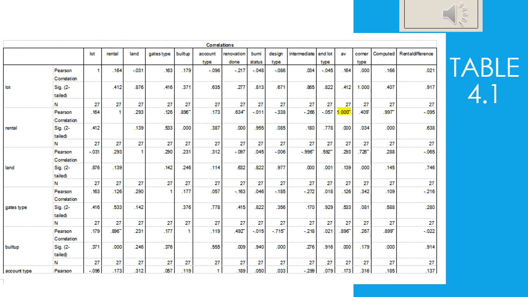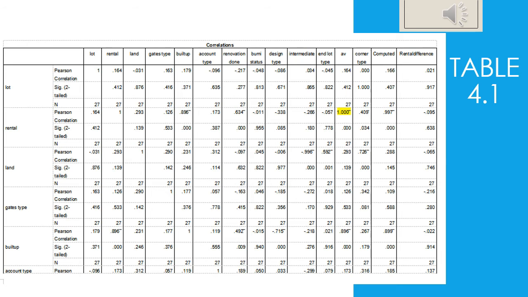So, in correlation analysis, usually we want to find out whether the variables are dependent on each other or not. But for this type of variables, we want to find out the variables which are not dependent on each other, due to y equals a plus bx.